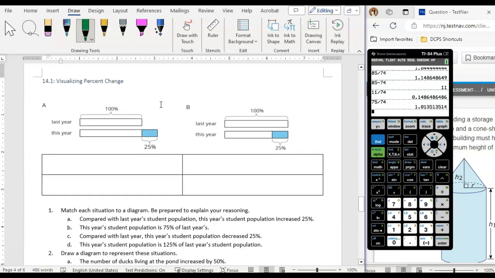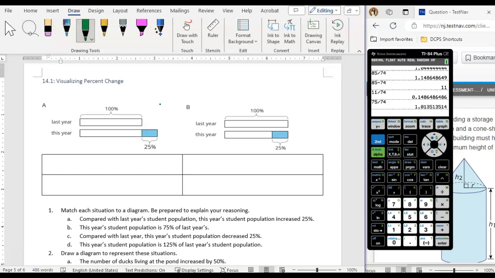So then we're going to look at some visualizing percent change, and this is to help get you ready for tomorrow's lesson. So in this case, we're matching the situations to A and B. So in A, this is last year, that's 100%. And then this year, we are adding 25%. When we're looking at this, it says compared with last year's student population, this year's student population increased 25%.